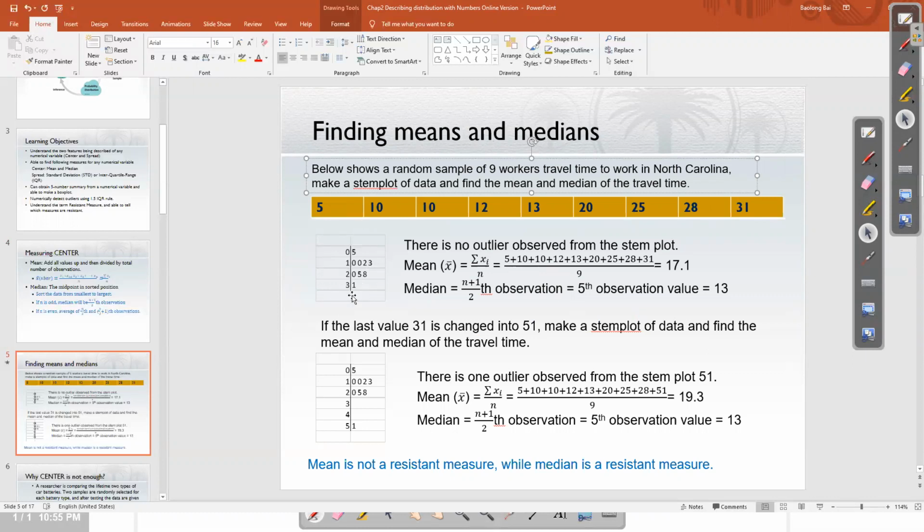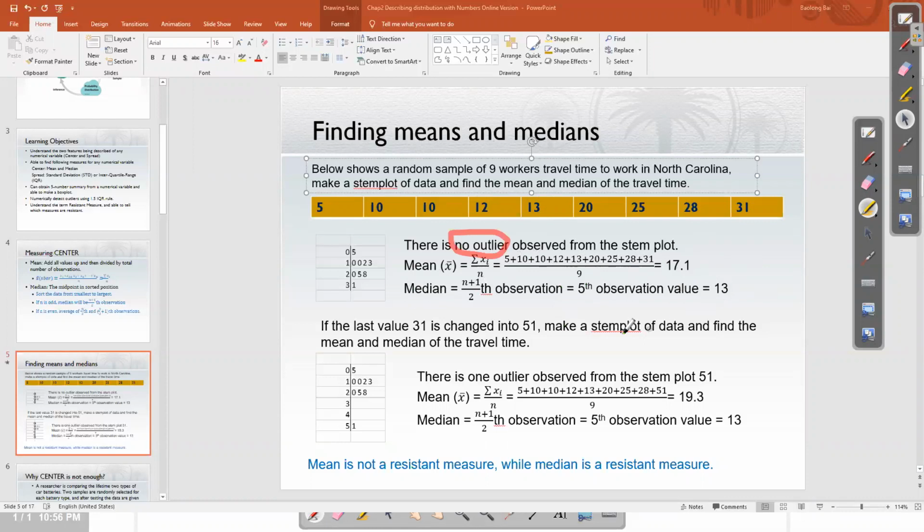So we're only going to focus on one thing here. Do we have outliers in the data set? Apparently, all the data values are together, right? So there are no outliers. And then we can find the mean by taking the average. We can then find the median by finding the middle number, right? Mean is 17.1 and median is 13.